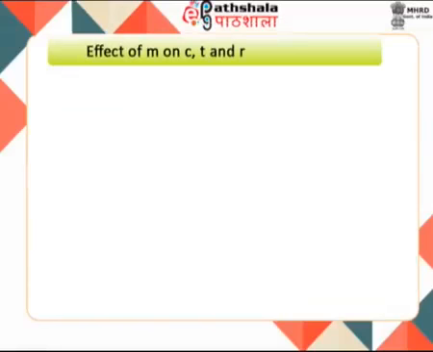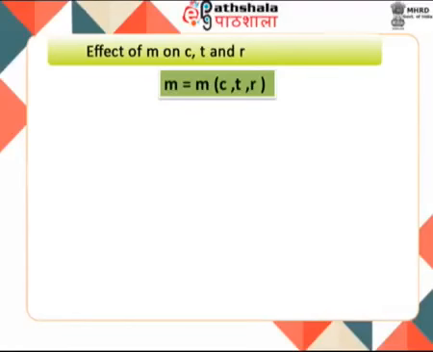Let us now calculate the total effect on M of the expected change in each of the ratios C, R, and T. We need to estimate the partial effects of M on each of C, T, and R and add them up.